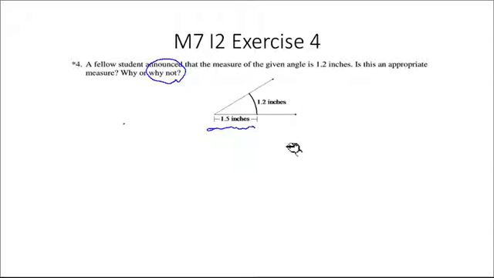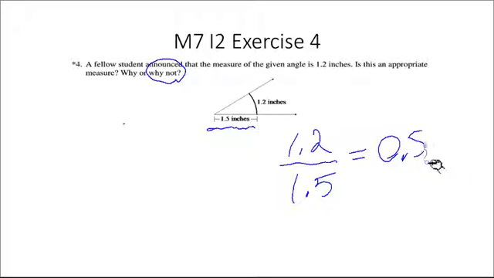We can ask what percent 1.2 is of a radian: 1.2 divided by 1.5 gives us 0.8, and this is in fact our angle measure in radians.